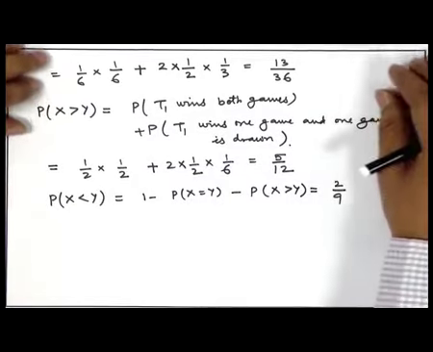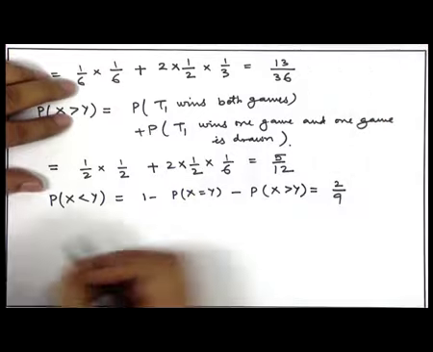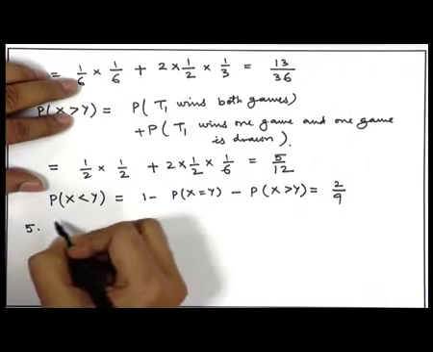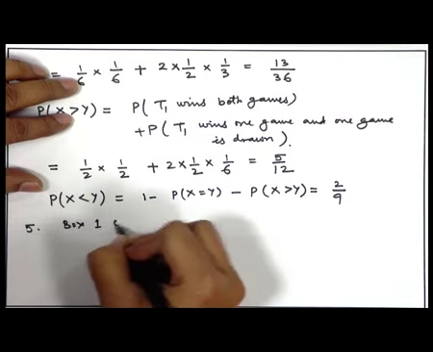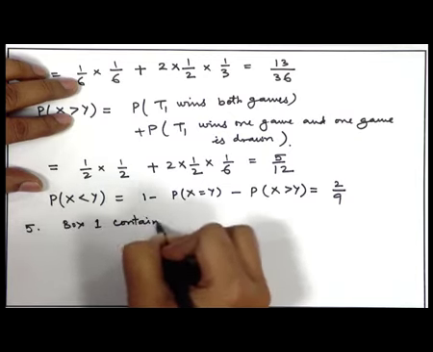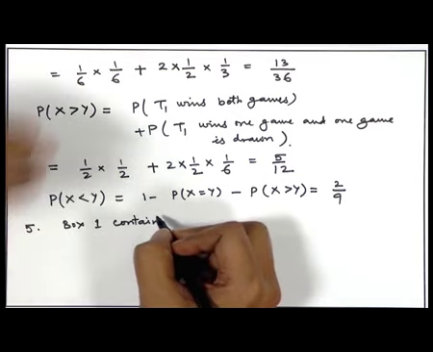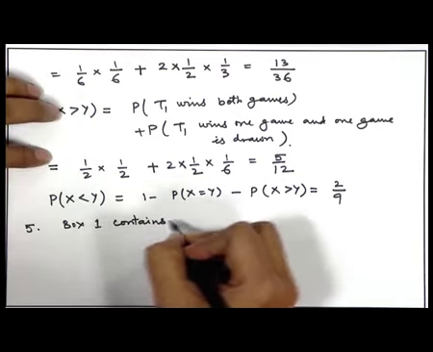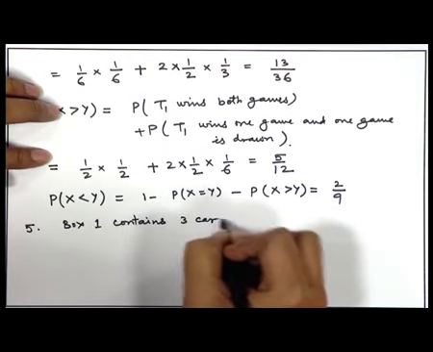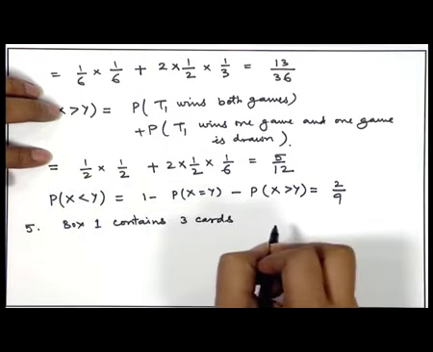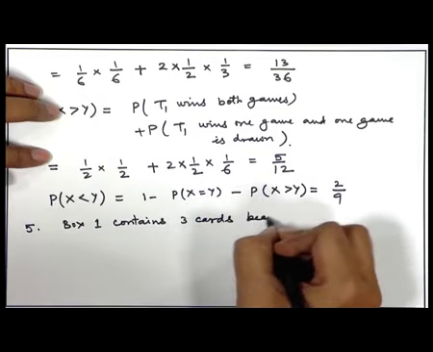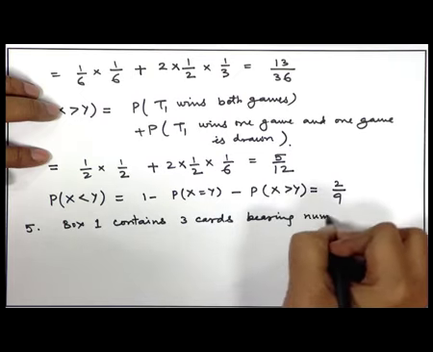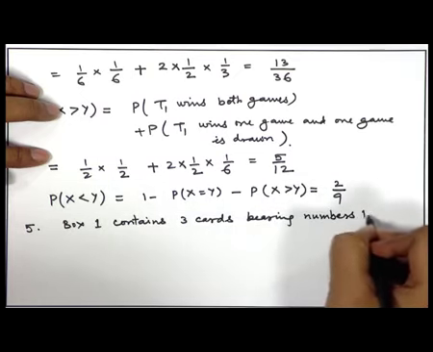Let us look at another problem in which again I have to count the number of cases. So, this is again a problem which is from one of the joint entrance examination question papers. If you see the old question papers, this problem is there. I will show you how the solution is described. So, box 1 contains 3 cards bearing numbers 1, 2, 3.